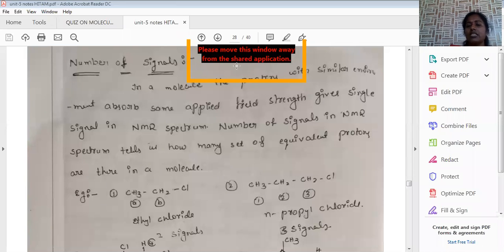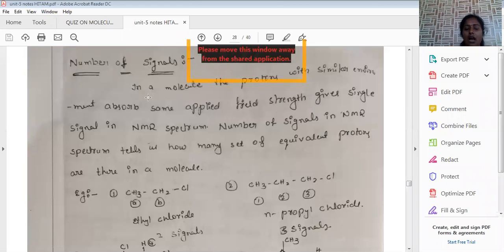So when the external magnetic field is applied, we have two possibilities: alignment with the external magnetic field, and alignment against the external magnetic field. In these two conditions, spectral lines are obtained. That is the main principle involved in NMR spectroscopy.